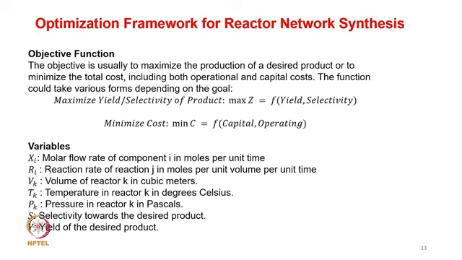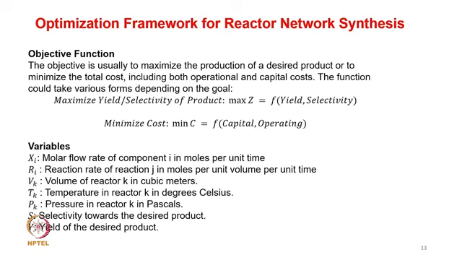So what are we doing here? The objective here is to maximize the production of the desired product, or to minimize the total cost, or including both operational and capital cost. The function could take various forms: maximize the yield, maximize the selectivity.